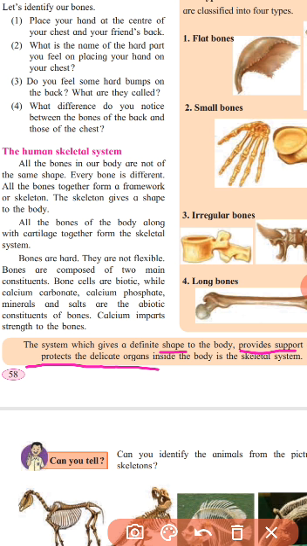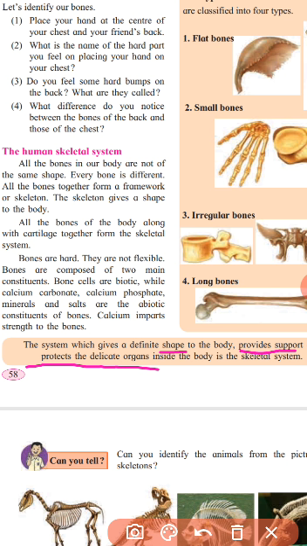So the system which gives a definite shape to the body, provides support and protects the delicate organs inside the body is called the skeletal system.